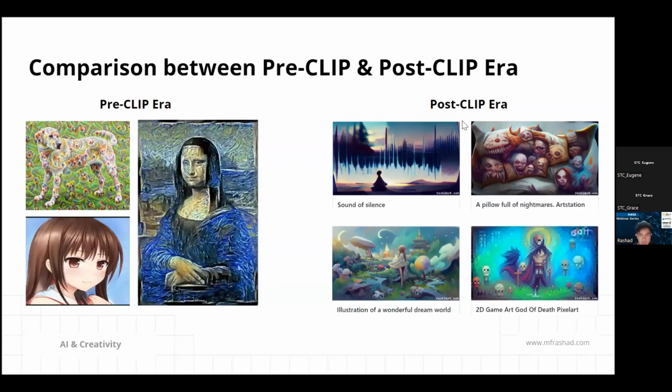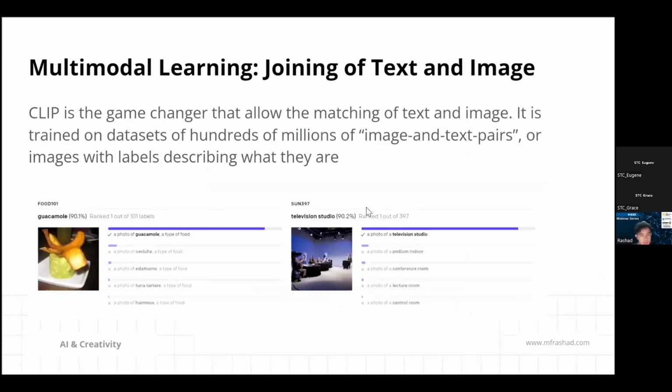So what actually changed, what caused the images generated with CLIP to be so much different from CycleGAN? I think the game changer is basically the CLIP model, which is not really DALL-E.